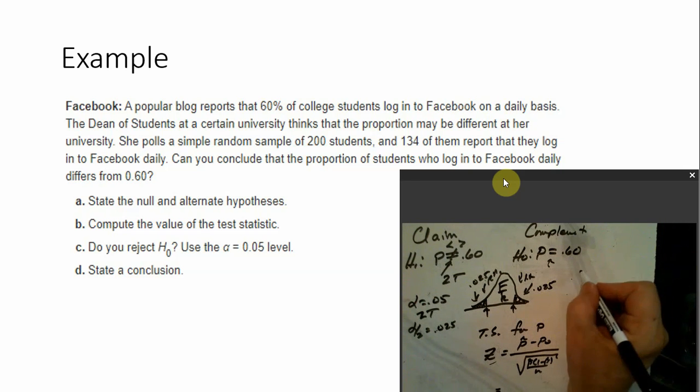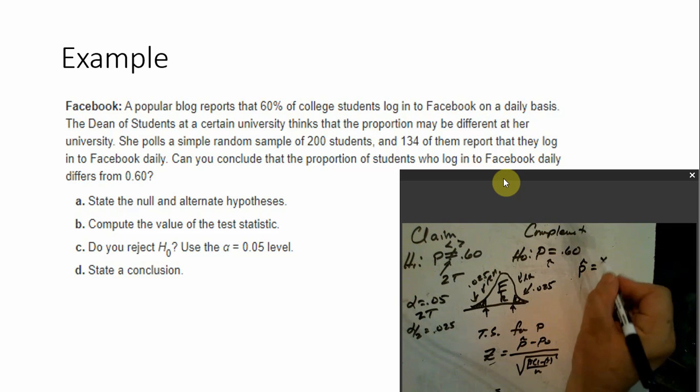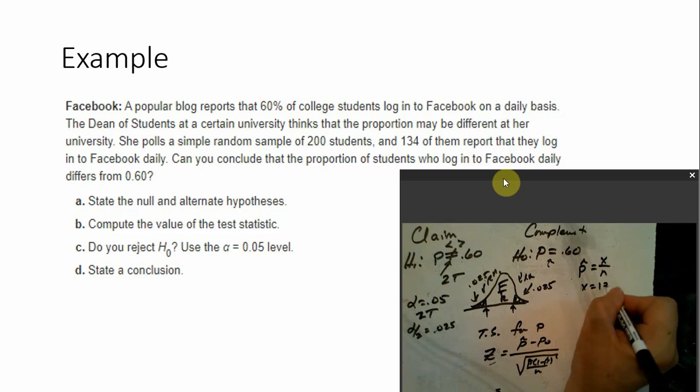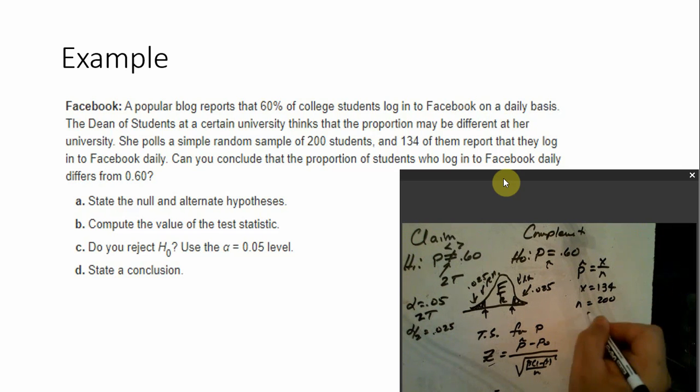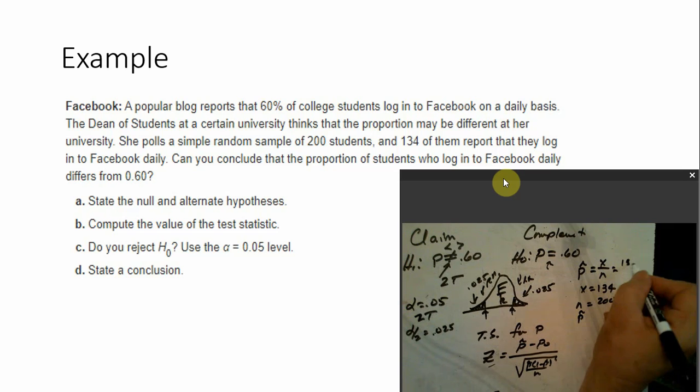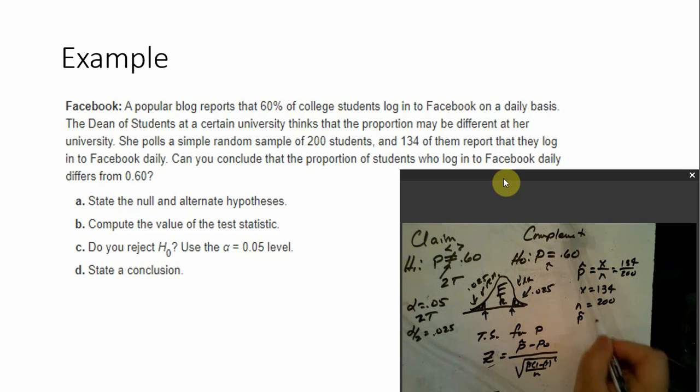It says from the poll, out of 200 students, 134 of them logged in. So that's 134 out of our N of 200, and our P hat is just 134 over 200.